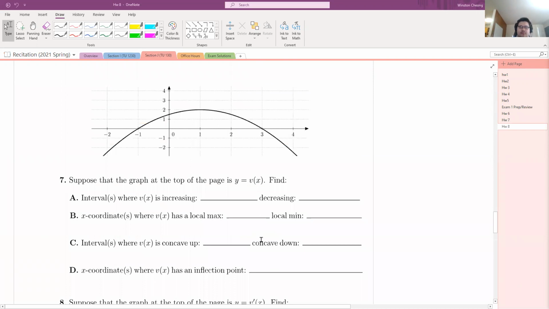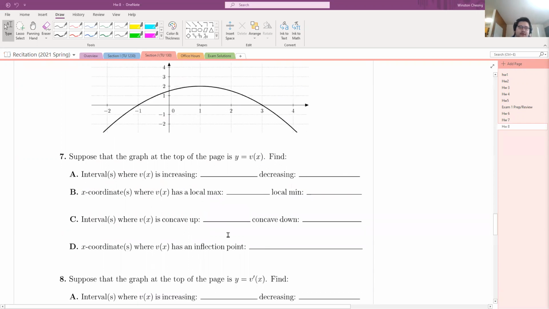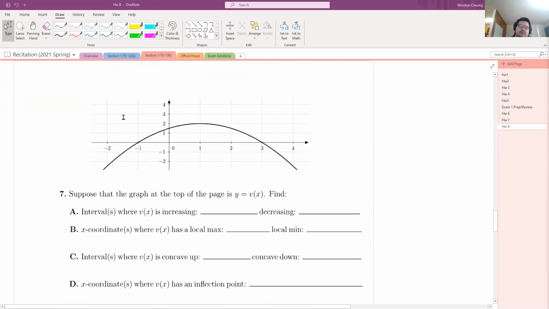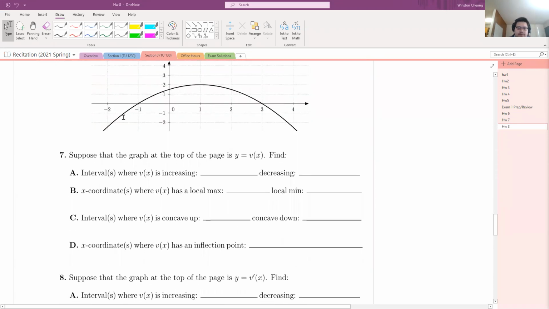So each time we're going to have to reconsider what the notions of increasing and decreasing, min and max, concave up, concave down, inflection, what all those different terms mean when we view this as a first derivative or second derivative or just the original function v. So there'll be a little bit of context switching involved with that. But let's go ahead and do that.